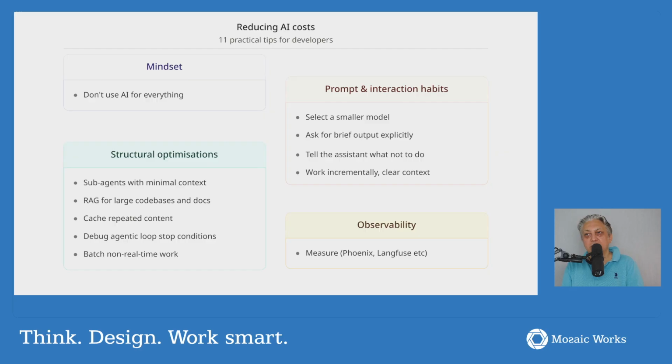And then we can go to another category, which I call structural optimizations. This is interesting because these are ways of configuring various things in your system so that they optimize token usage. One example here is sub-agents with minimal context.